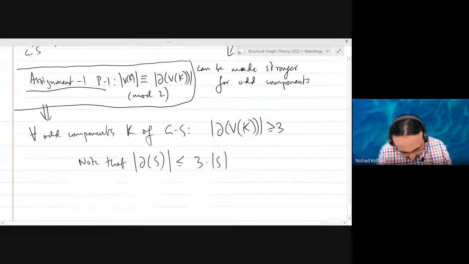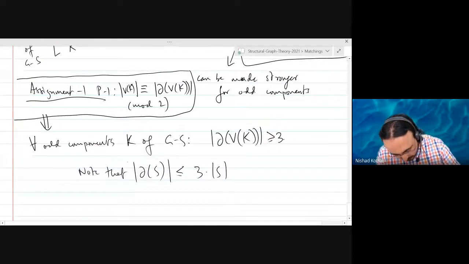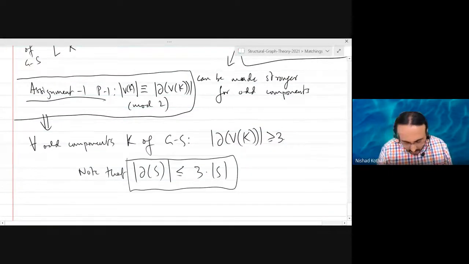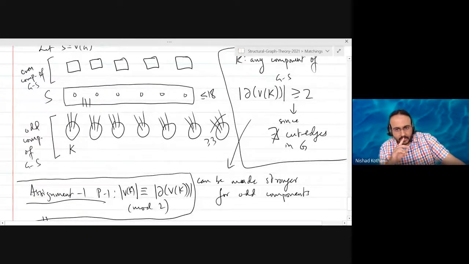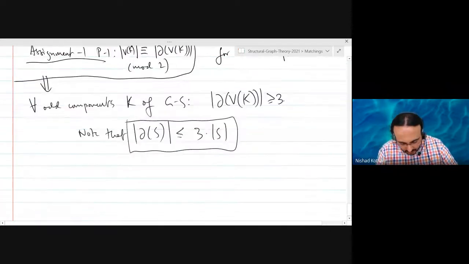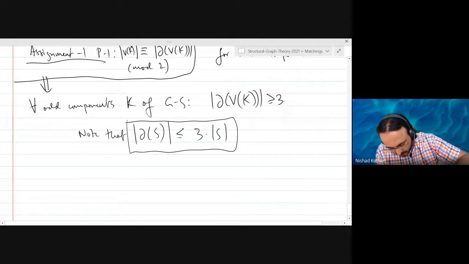So we get this inequality, and we have this one here for each component being at least 3, right? But if you sum up the edges coming out of all the components, that has to be less than or equal to the edges coming out of S. So maybe I should put it this way.